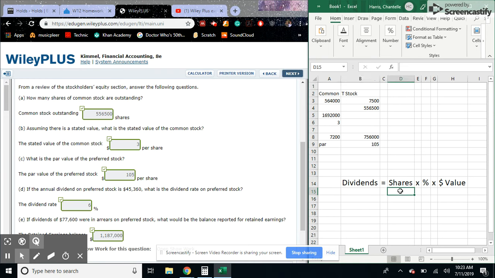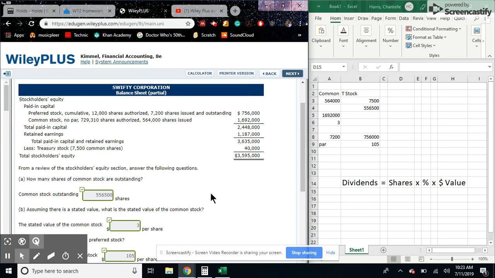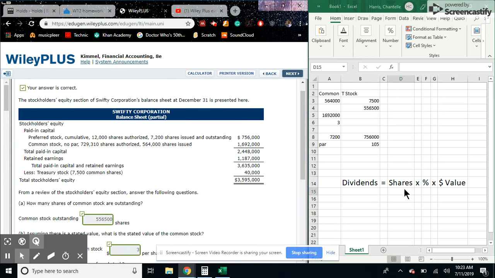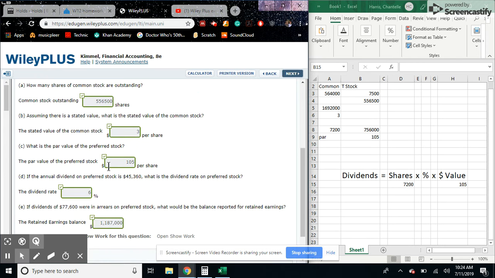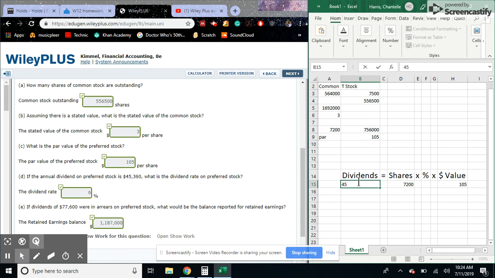We know the number of shares is 7,200, the value of the stock was 105, and the dividends were 45,360. Now we just have to manipulate this around.